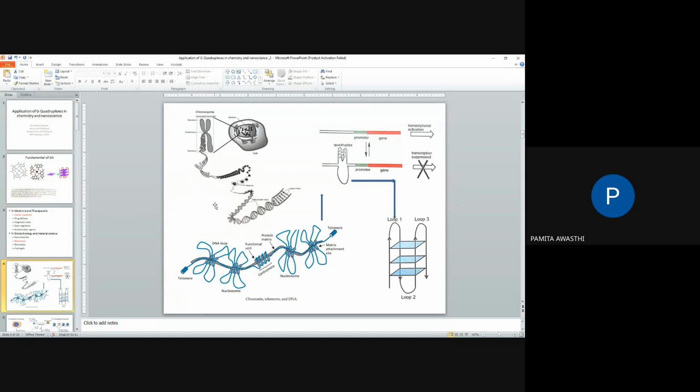So the whole of this process is called supercoiling, and various proteins or enzymes act upon this DNA to unfold it.